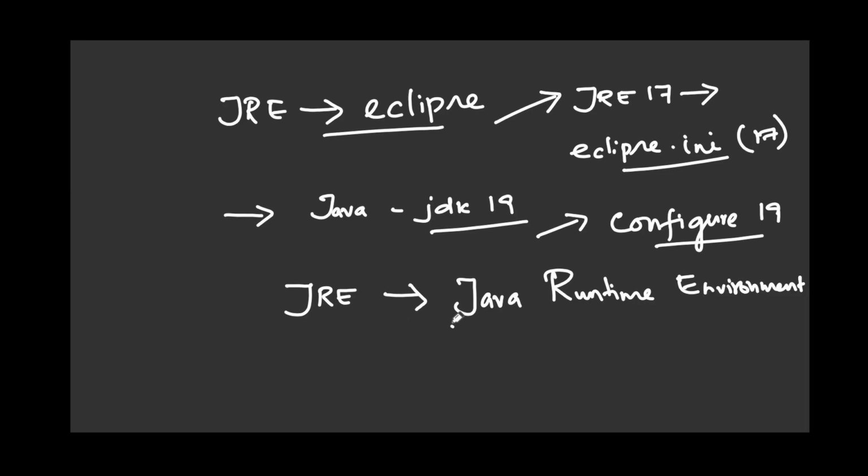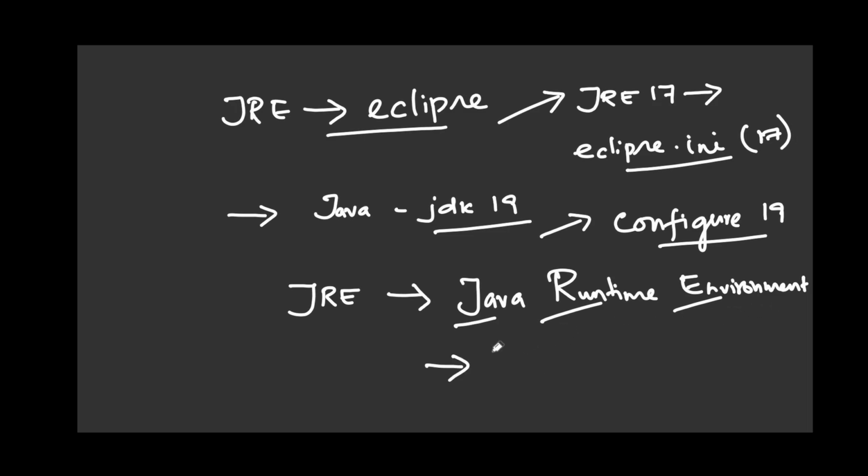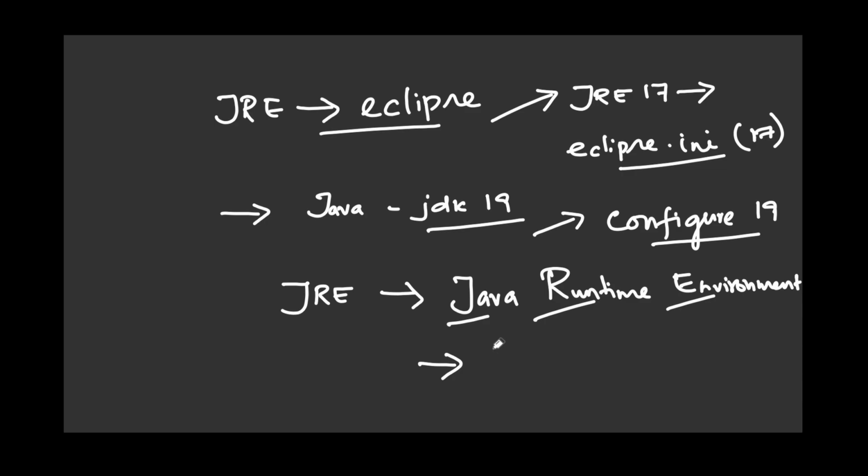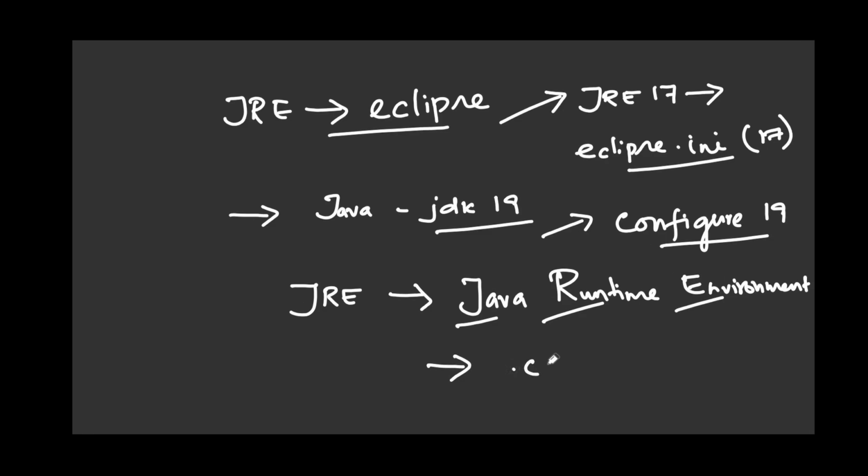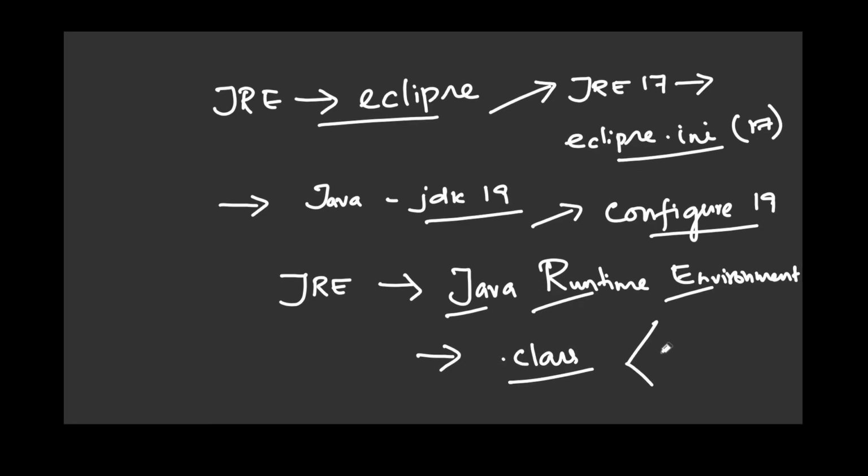What is the use of JRE? This JRE will give you an environment to run Java programs using the .class files. Say for example, you have a project, already compiled and ready for execution. Then at that time, this Java Runtime Environment is needed to run your Java programs.